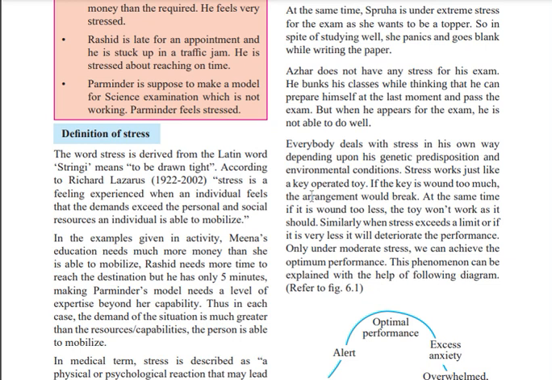Now the word stress is derived from the Latin word stringere, meaning to be drawn tight.